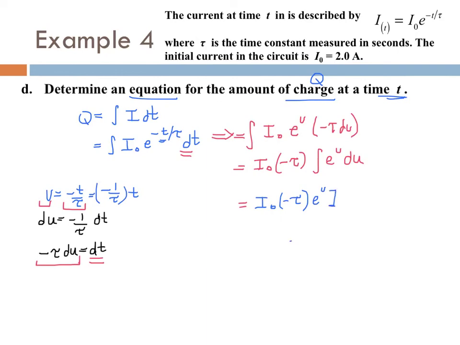Now I can go ahead and replace u with negative t over tau again, because that's what it was to begin with. And I'm going to evaluate this function from 0 to time is equal to t.